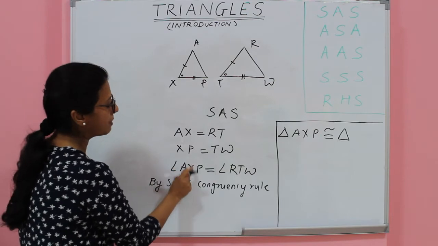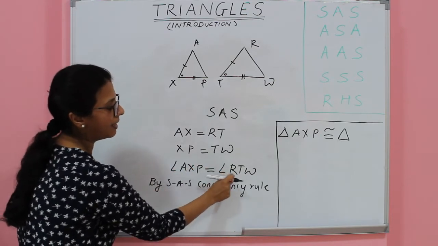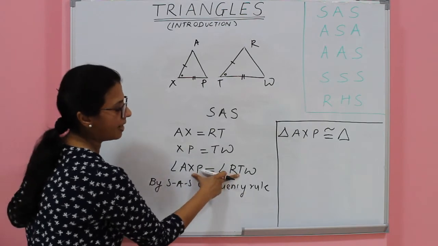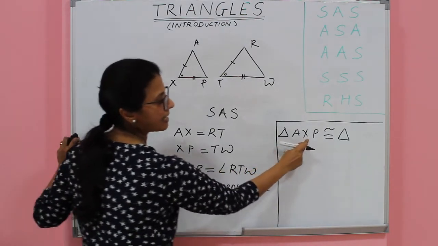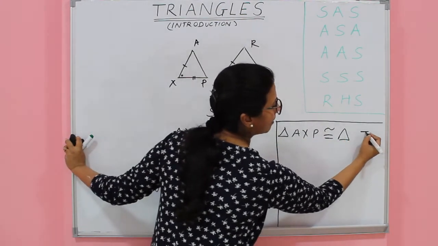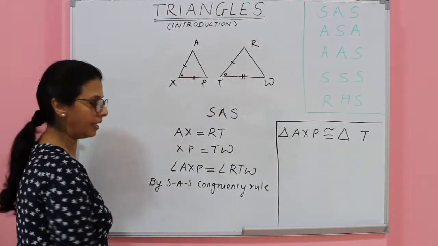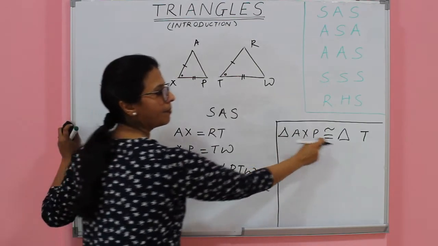Correct? So AXP means my angle is at X and RTW means my angle is at T. So my X and my T are matching. So the center one has to come as T. Correct?